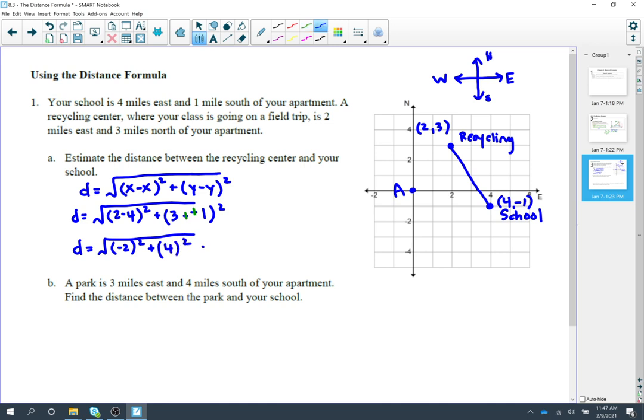Negative 2 squared is positive 4, plus 4 squared is 16, which gives us the square root of 20. Using a calculator, if we approximate that, we get 4.47 miles.